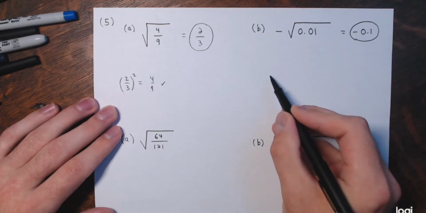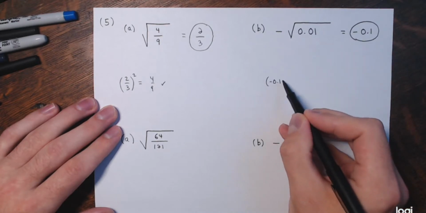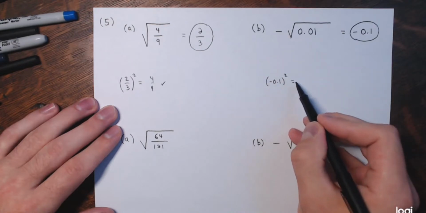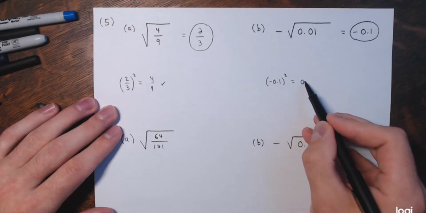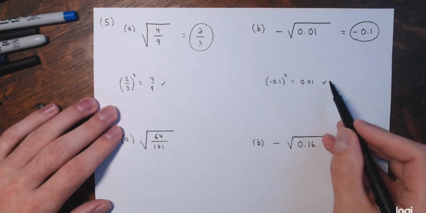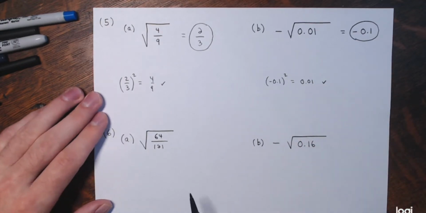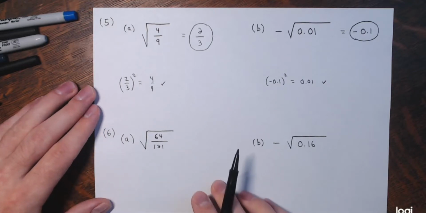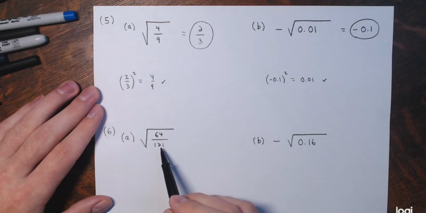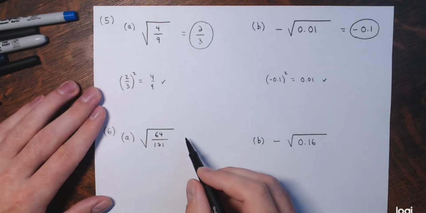And again, let's check. Take negative 0.1, and it's a square root, so let's square this and see that would be positive 0.01, the radicand. Great. All right, number 6, part A, square root of 64 over 121, 64 121st.